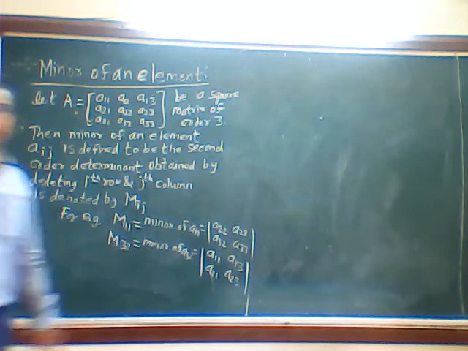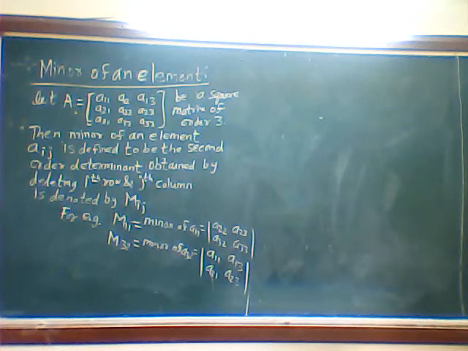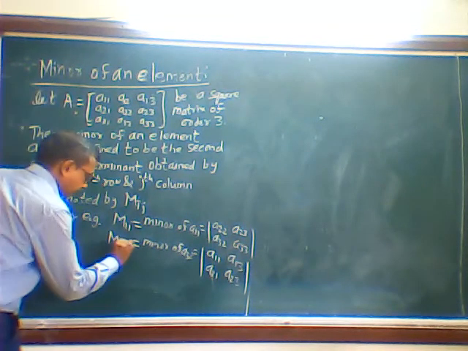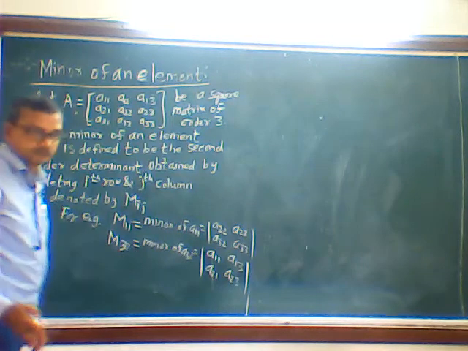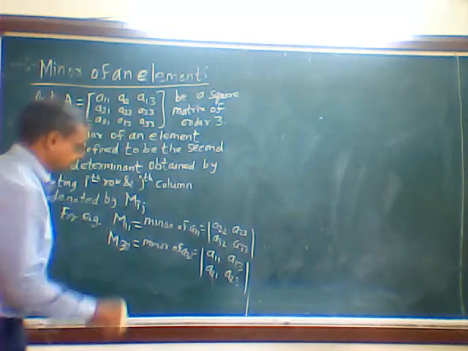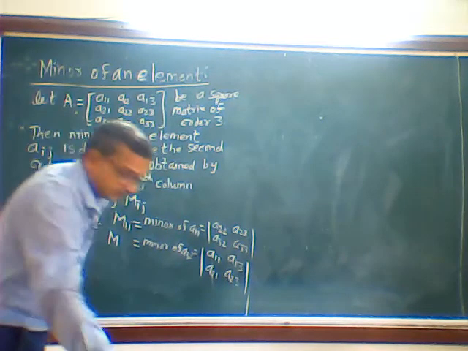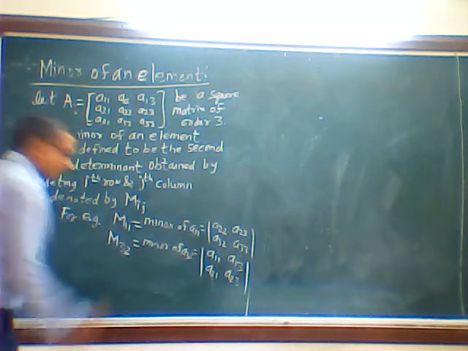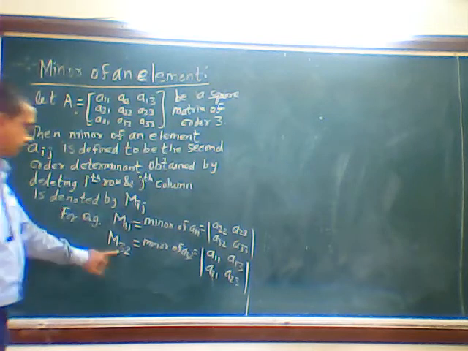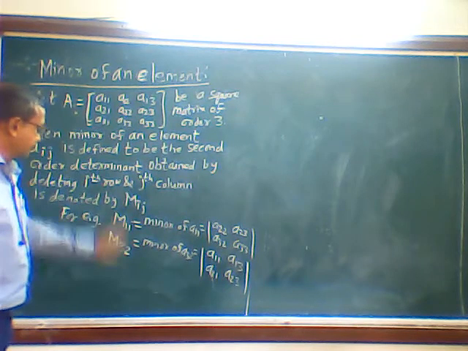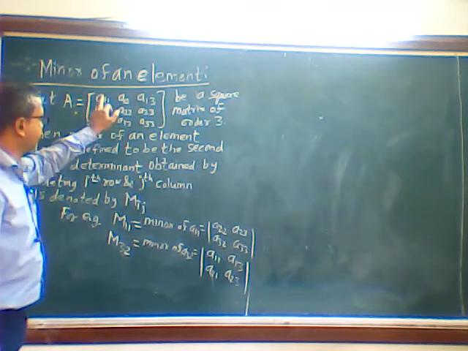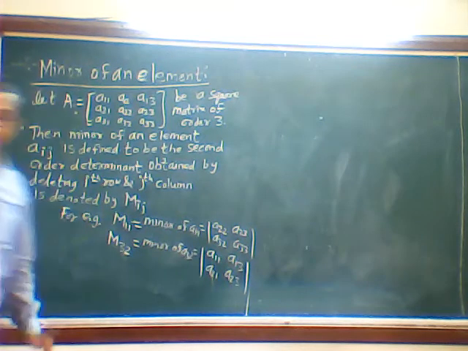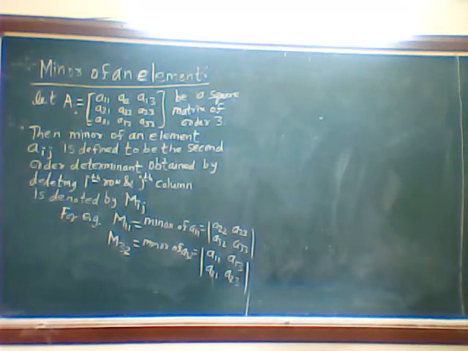This way it will become a second order determinant. Whichever you take, that row and column will be deleted. This way the minor has been formed.